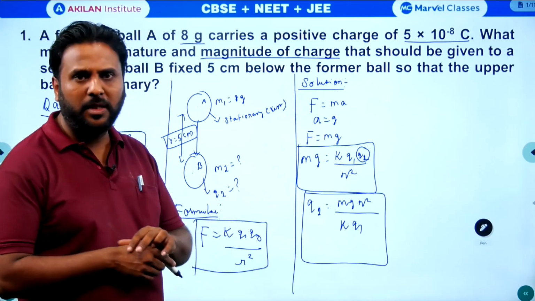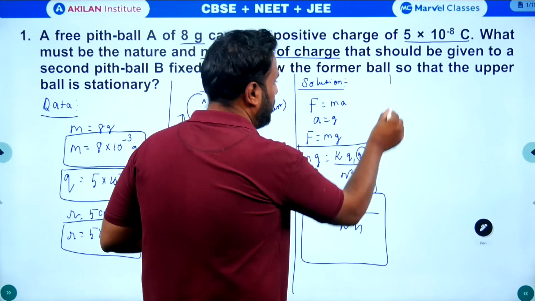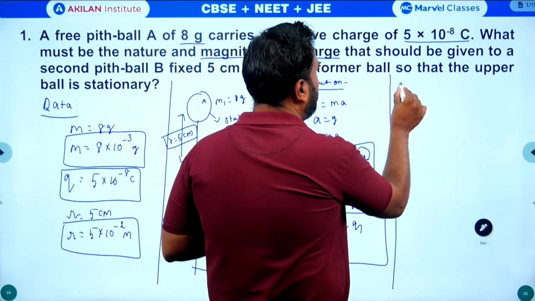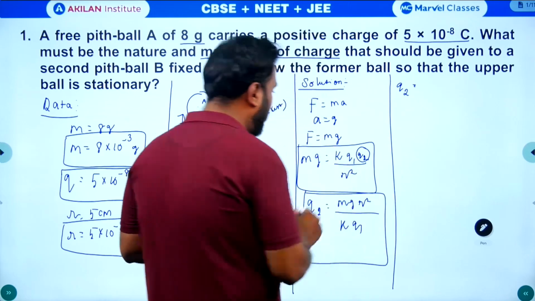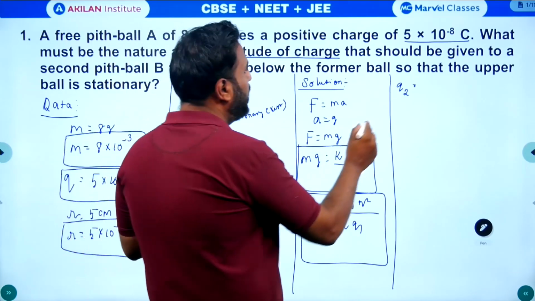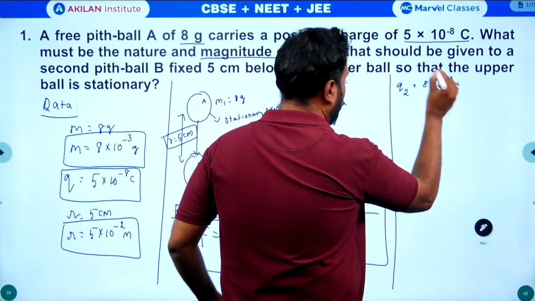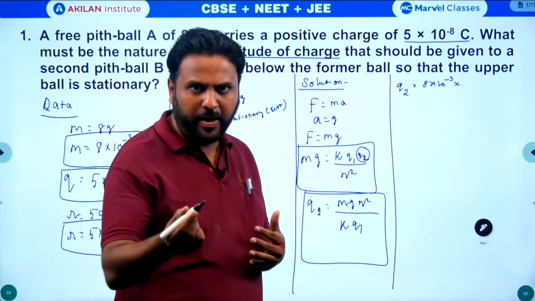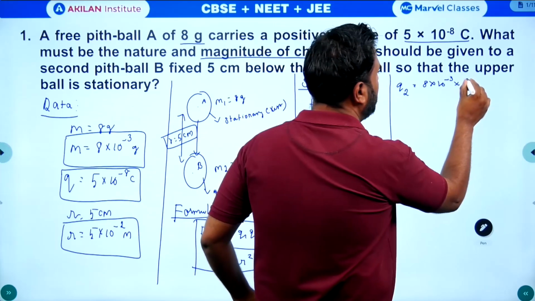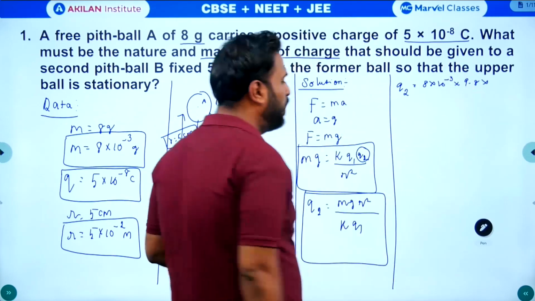Now we can substitute the values of this problem. Q2 equal to, what is m they gave? 8 into 10 to the power of minus 3, into g value 9.8, which we already studied in 10th, 11th and 12th.